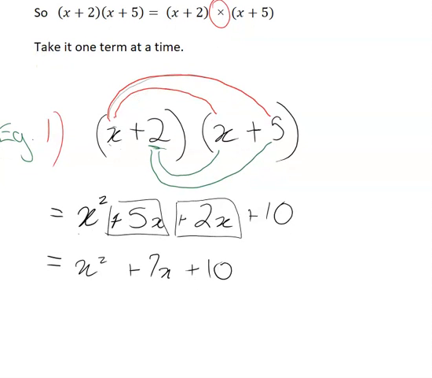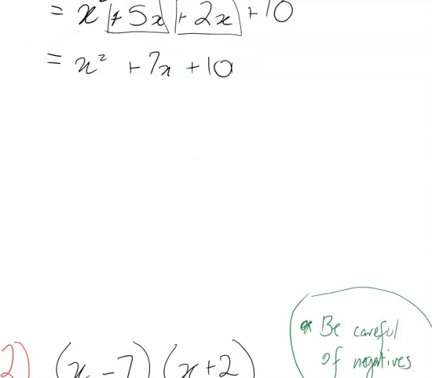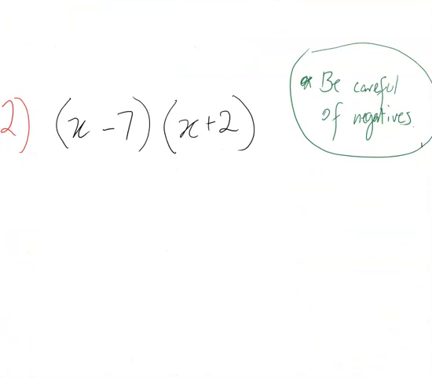If we keep going to the second example, I've put a little cautionary note there. Be careful of the negatives, particularly when there are negatives in both brackets. But have a look. If we go again to connect, I'm going to do x multiplied by x first, and then x multiplied by 2, and then again I'm connecting these, so I need to be aware of that.